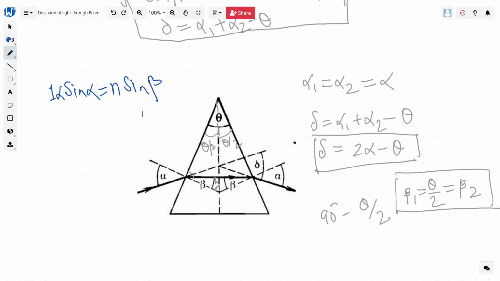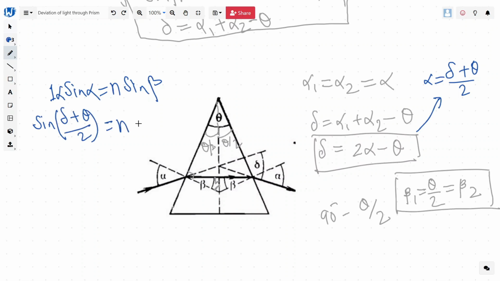Okay, now what is our alpha? So alpha is delta plus theta by 2. From here, substitute that: sine of delta plus theta by 2 is going to be equal to n sine of beta. Beta is nothing but theta by 2.